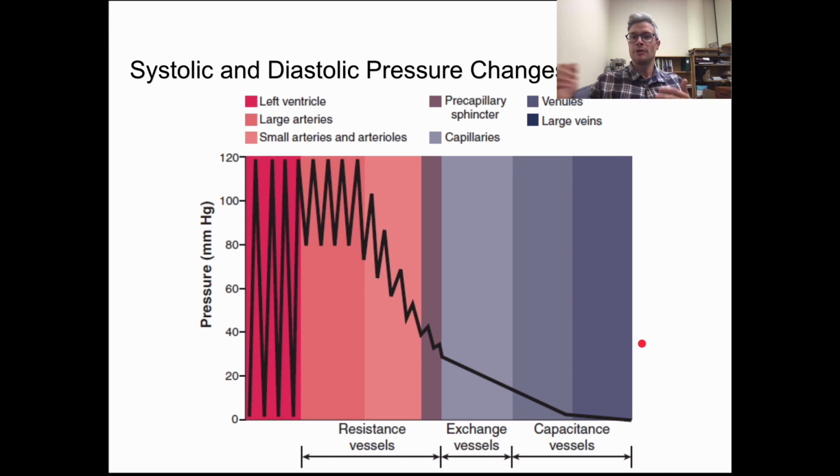In fact, we get blood going the other way. So again, a big difference in a reason of importance for why we have lower blood pressure both in the capillaries and in your venous system.